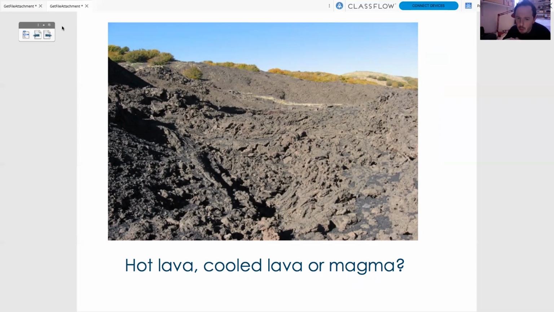Do you think it's still hot? Maybe it's cooled down, or maybe it's underground. Well, I can see a sky there, so I don't think it's below ground, so it's not magma. And it's not kind of on fire and all red and hot looking, so it's probably not hot lava, which means, yes, absolutely, it's cooled lava. Good job, you. You're really clever.